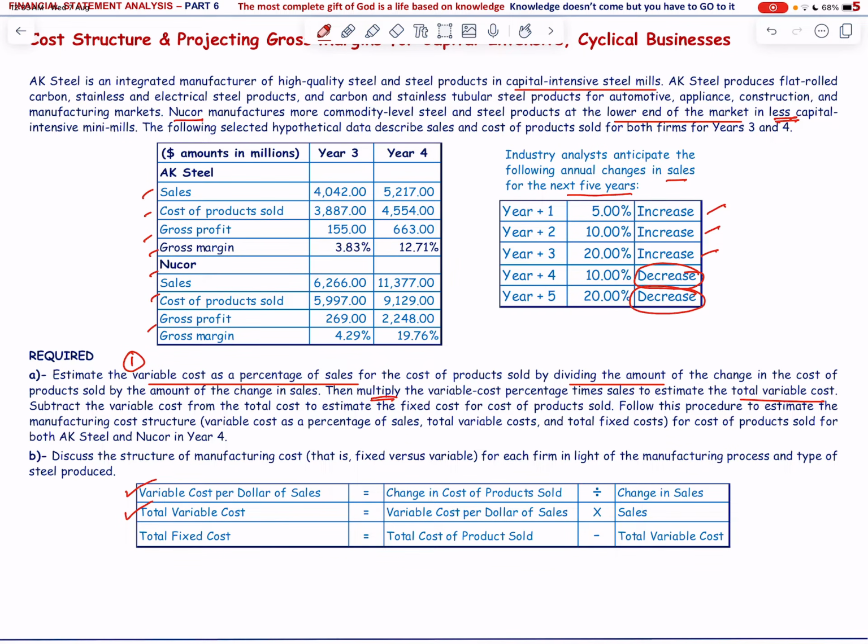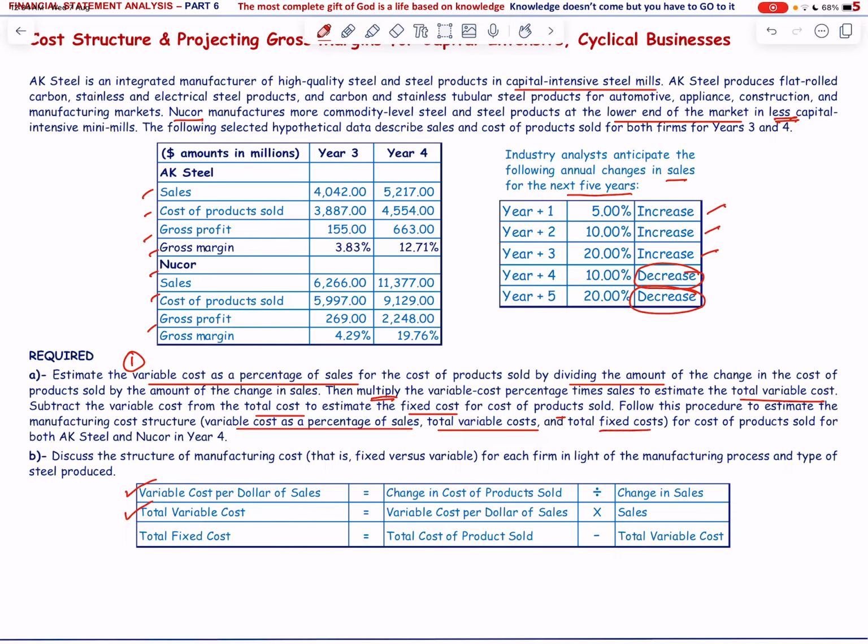Now subtract the variable cost from the total cost to estimate the fixed cost for cost of products sold. We have to calculate the fixed cost as well. Follow this procedure to estimate the manufacturing cost structure: variable cost as a percentage of sales, total variable cost, and total fixed cost.